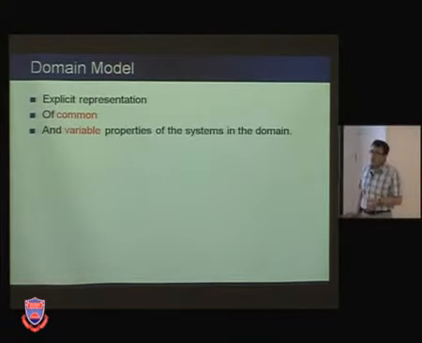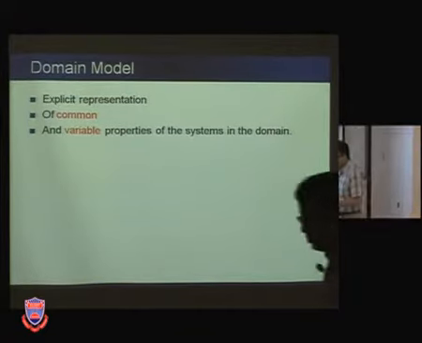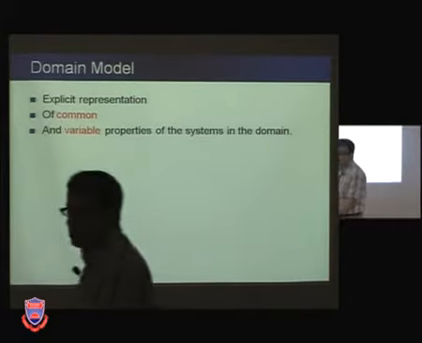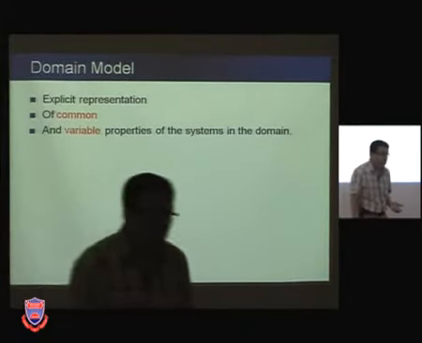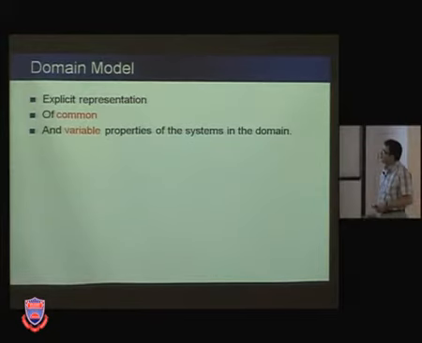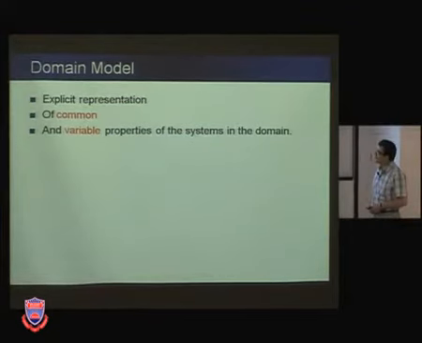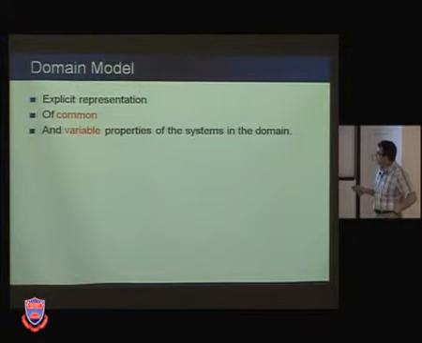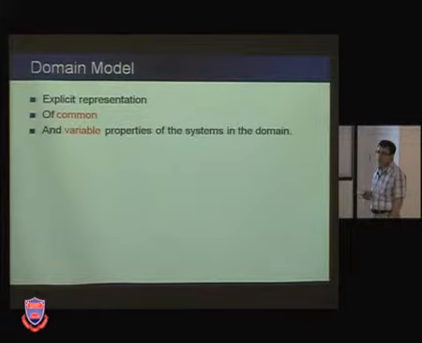So we have to model the domain. Model the domain, so that's the domain model. The domain model is an artifact in the architecture design process. The domain model is an explicit representation of common and variable properties of the systems in that domain.